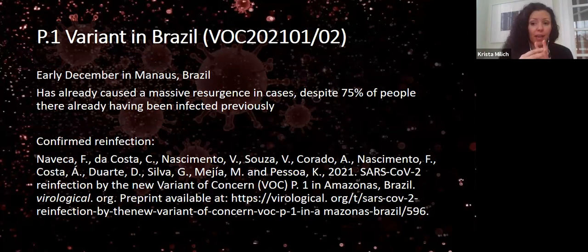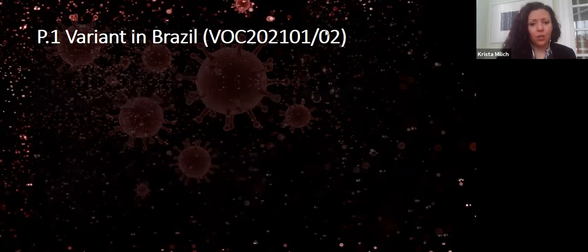And while that may be the case, I think some of the data are showing in particular that it is not people being reinfected with the same strain, but instead people being reinfected with this new strain, which is, I mean, either way it's concerning, right? And either way it suggests that we still need to be very careful. Okay, so a little bit more about this P1 strain in Brazil.